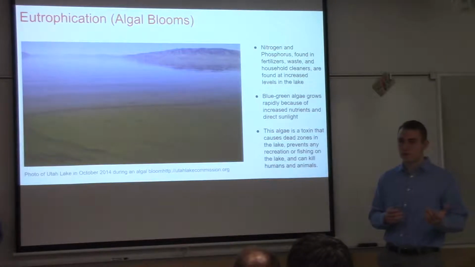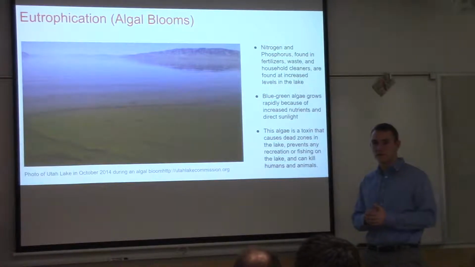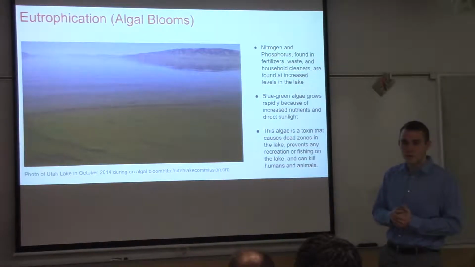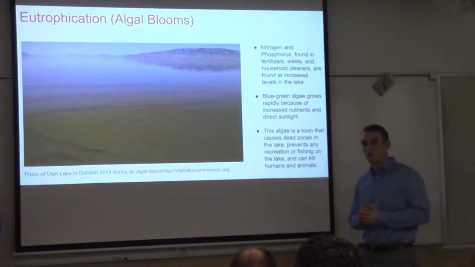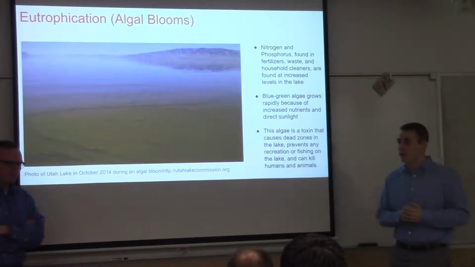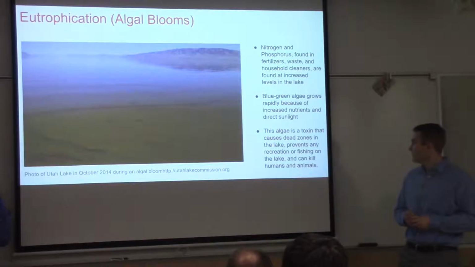And Utah Lake is a perfect place for algae blooms because it's so shallow and covers a large surface area. So it causes the lake to be nice and warm with all the sunlight during the summer. All these factors put together cause algal blooms in the lake.